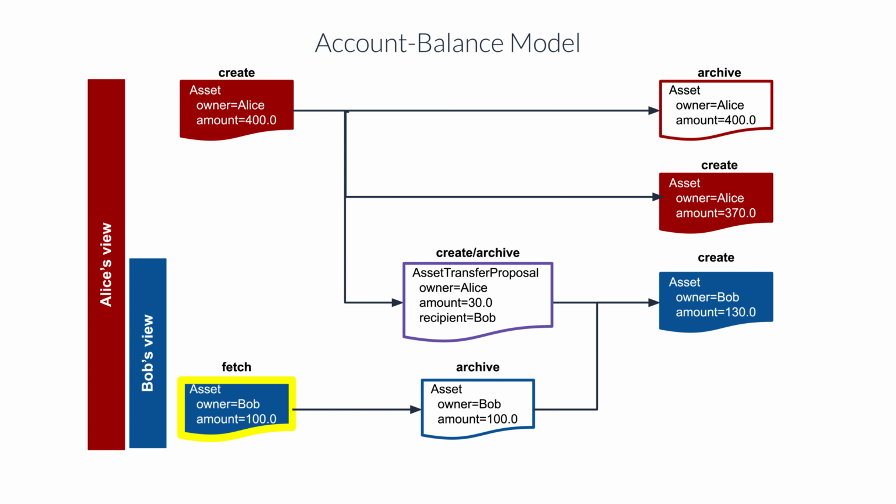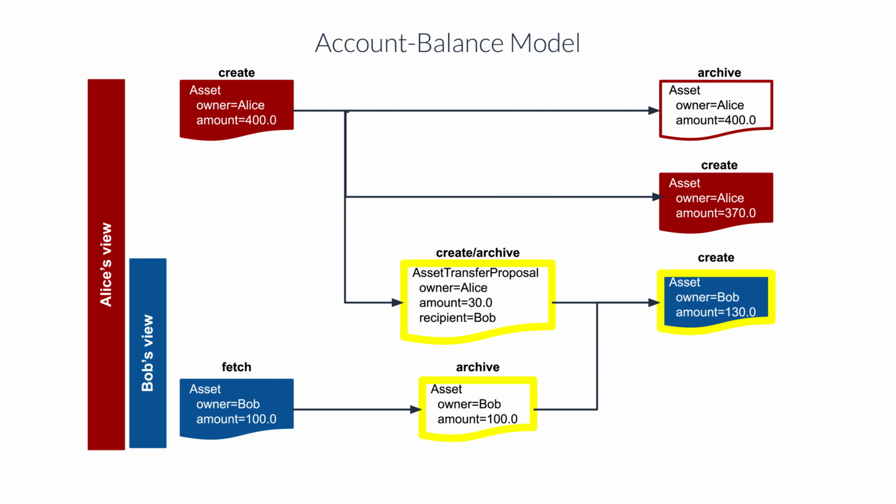When Bob decides to accept the asset transfer proposal from Alice, his existing asset contract issued by U.S. Bank is fetched. Bob's existing asset balance $100 is combined with the transferred amount $30, and a new asset contract is created with the new total balance $130.